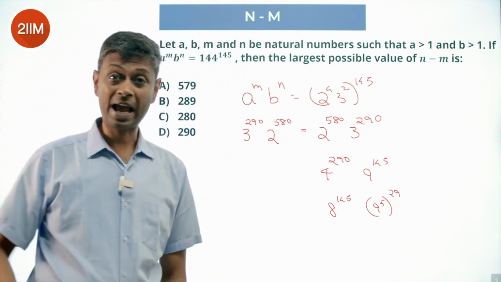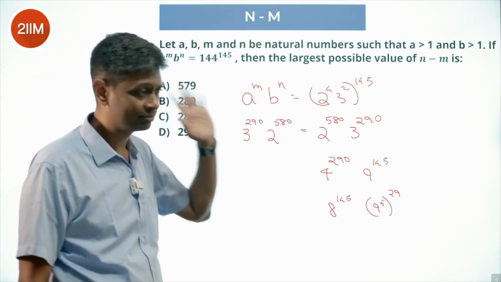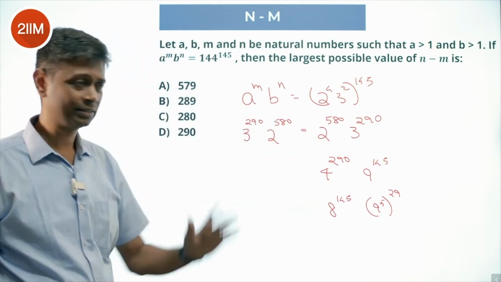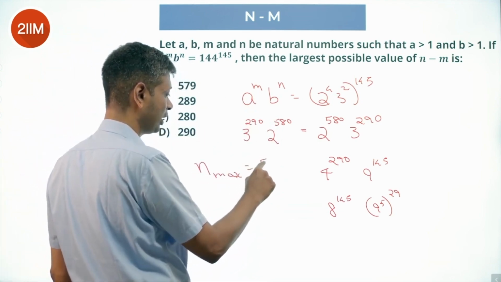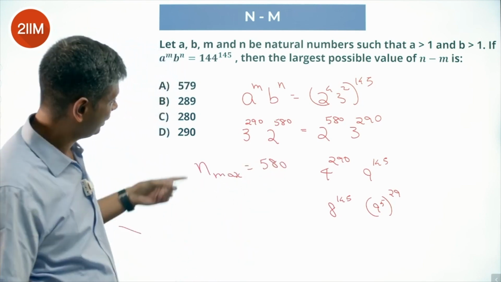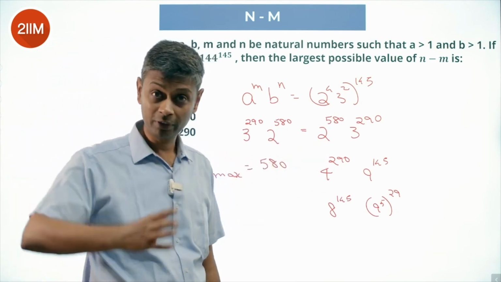Now let's see. We want n to be as high as possible. So it really helps if we put b as 2. That is the maximum value we can go to. n max is 580. Let's plonk n as high. Put it in there. m should be minimum. So I can think of it as 9 power 145, m could be 145.